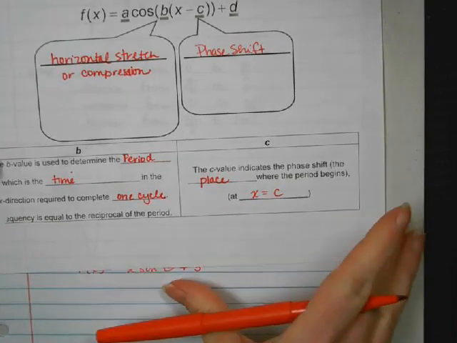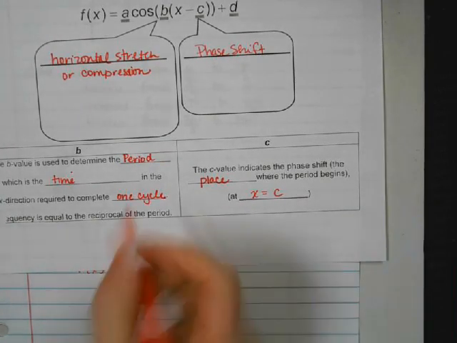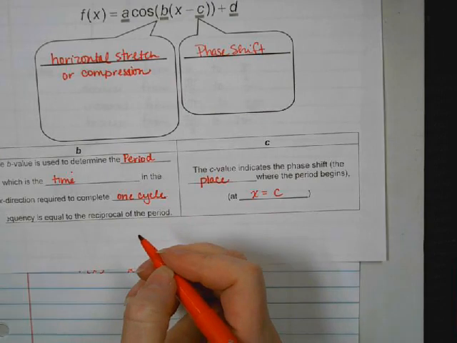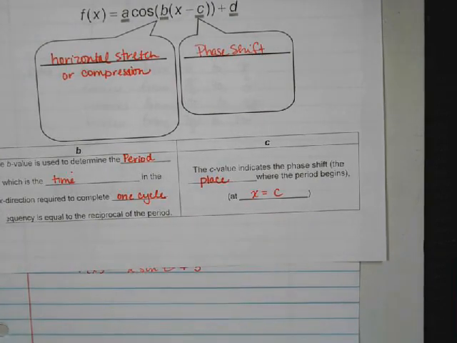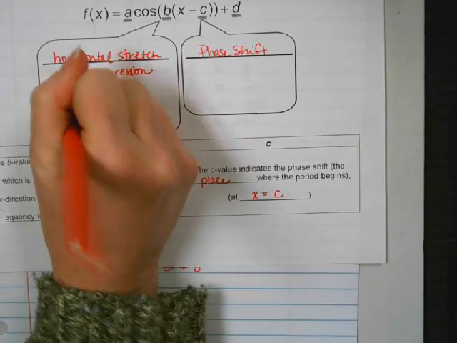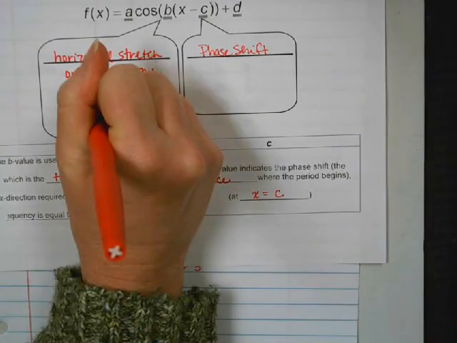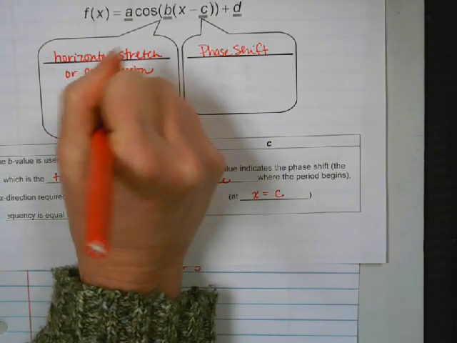The reciprocal of the frequency is equal to the period. The formula that you need is period equals 2 pi divided by b.